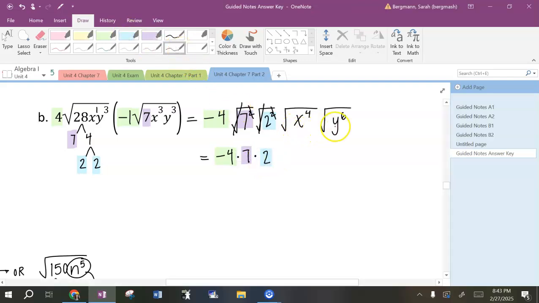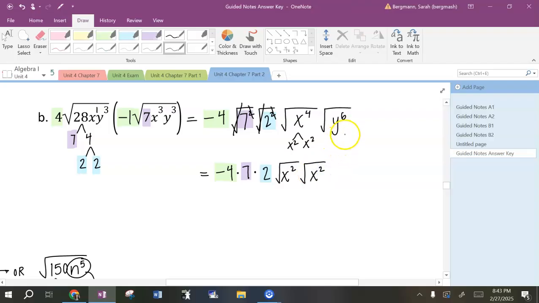Now let's inspect these variables. So 4x to the fourth, I know that I could split that up to be x squared and x squared. There's 2 groups, perfect squares here.